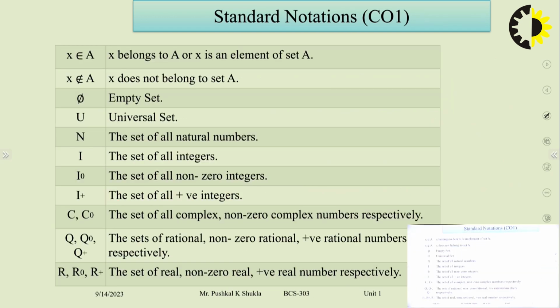This is the way to write it in set builder representation.